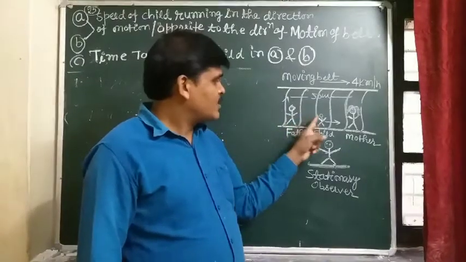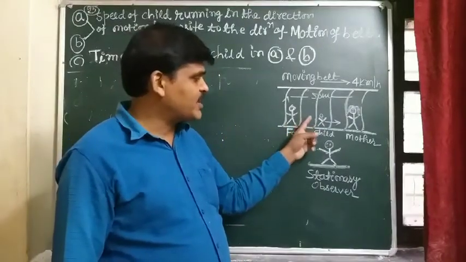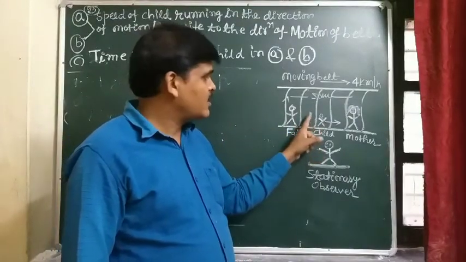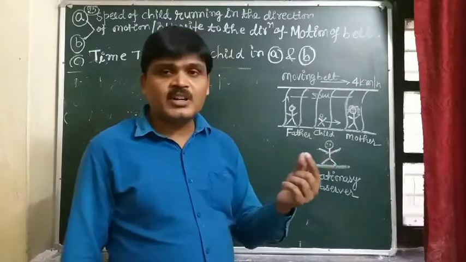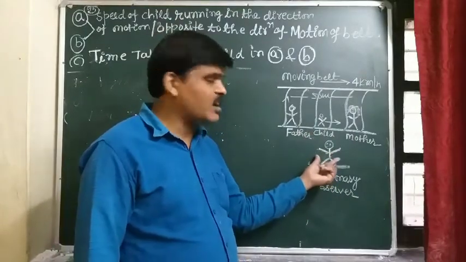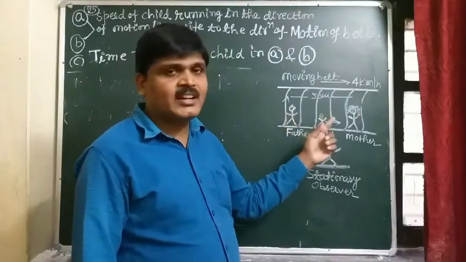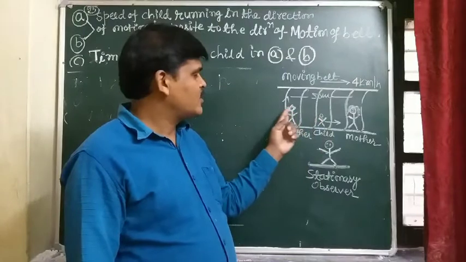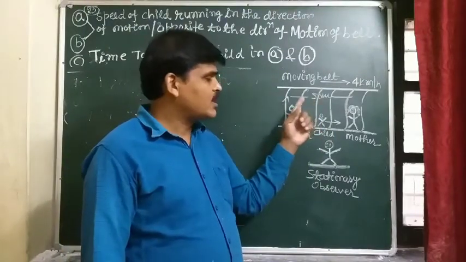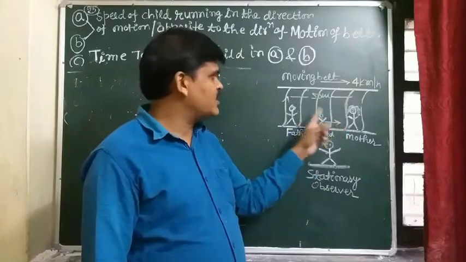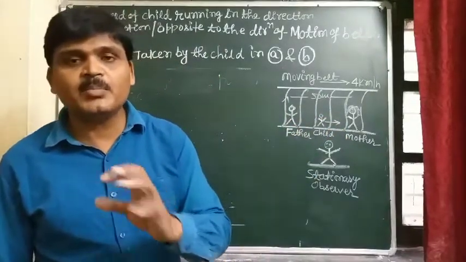the speed of the child as observed by the stationary observer, in either direction, from father direction to mother direction or mother direction to father direction, will be only 9 kilometer per hour.